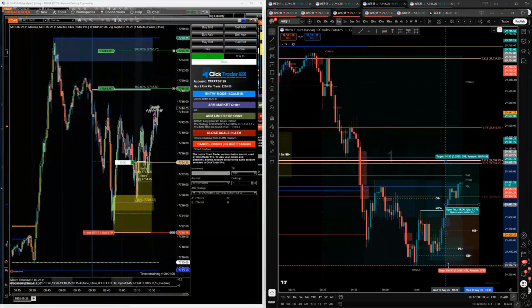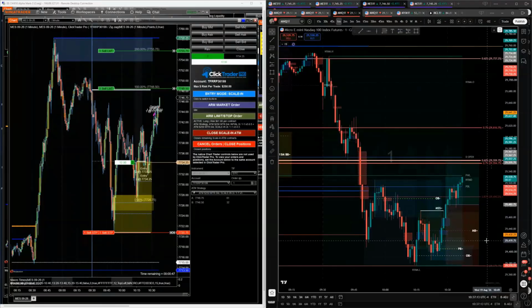Oh yeah, see the one contract on the NASDAQ. On the NASDAQ, you might want to look for propulsion blocks and just trade those because of the volatility this time of day. Overnight in Asia, it's fine. Mornings, the volatility, you know, risking only $250 per trade, you have to risk more to trade more contracts on the NASDAQ.